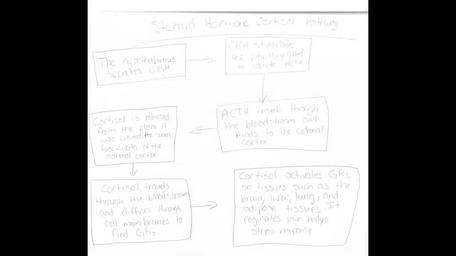And these receptors can be found in the brain in places like the hypothalamus or the pituitary gland. It can bind there and create some negative feedback, so it won't be produced as much. But they can also be found on the liver, the lungs, and adipose tissue, and this is how cortisol works to regulate our body's stress response.